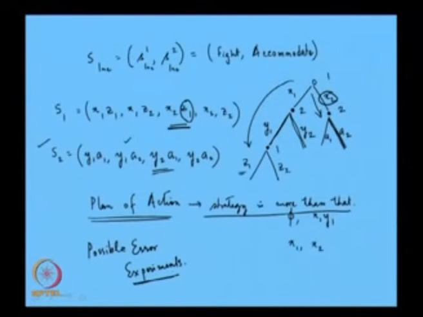What we mean by this is the following: player 1 is saying that he is going to take this action x2, but from time to time he may take a chance and intentionally do some experiment and play x1.